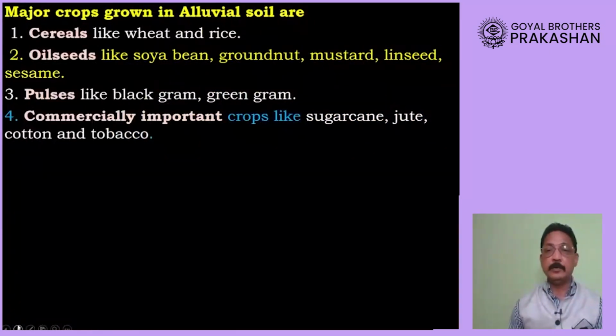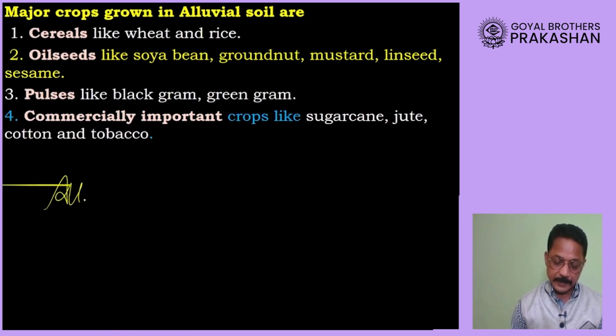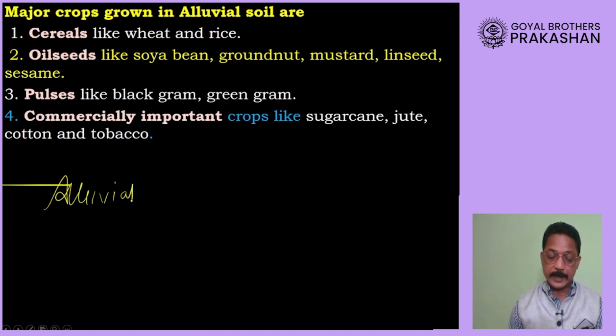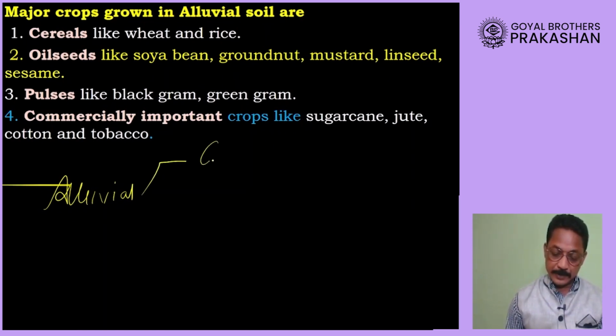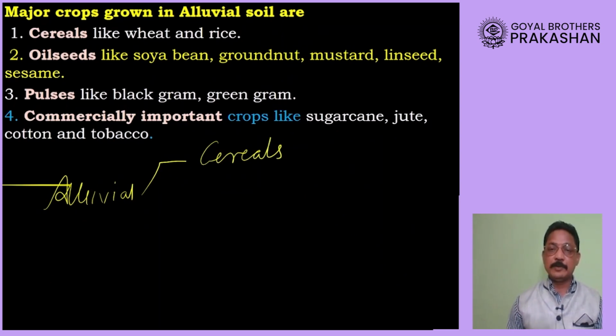Okay, now which are the major crops grown in alluvial soil? As we saw, this alluvial soil is very fertile soil, therefore a variety of crops grow in it. Okay, these crops include cereals. Cereals means food grains. The most important food grain growing in that soil is wheat, also rice.